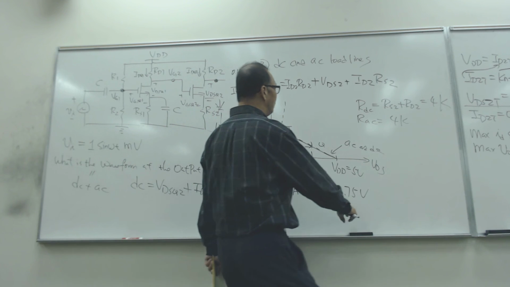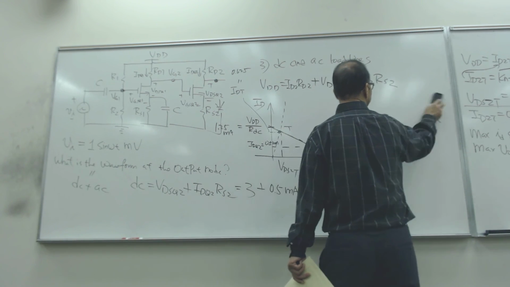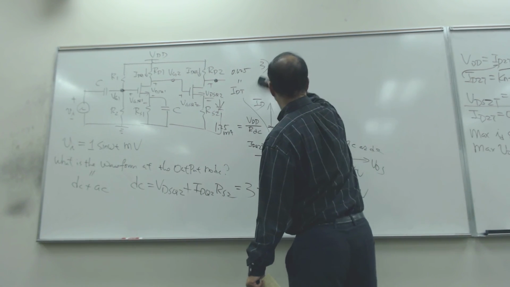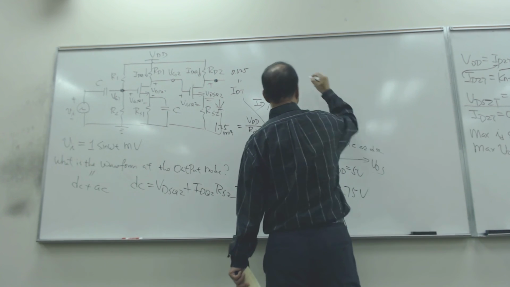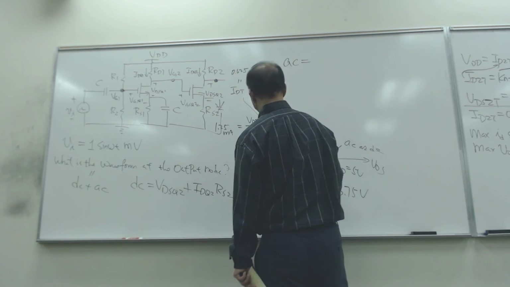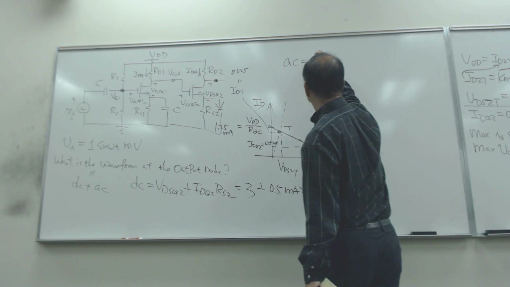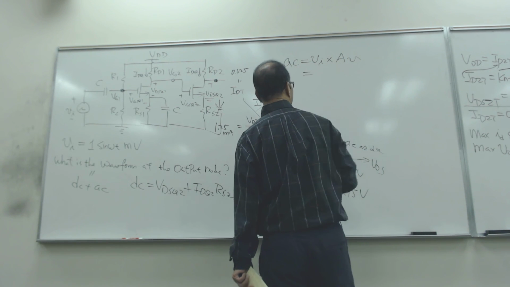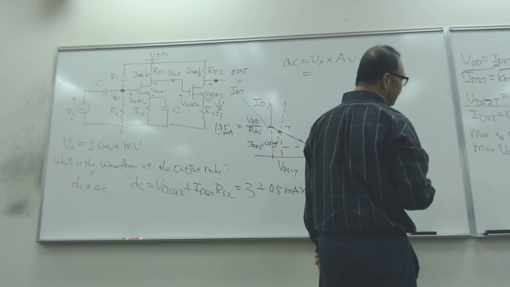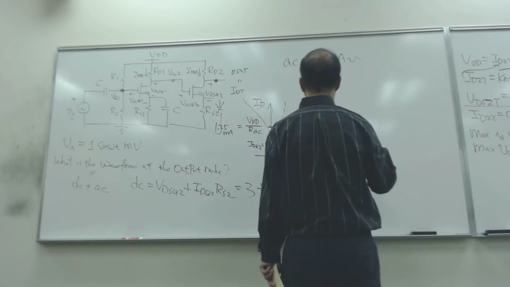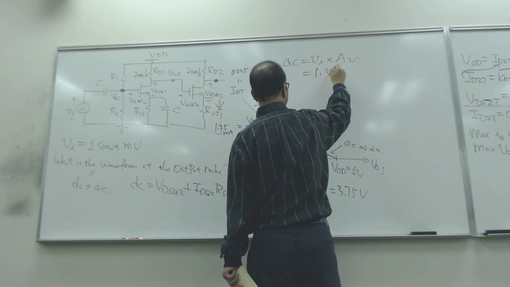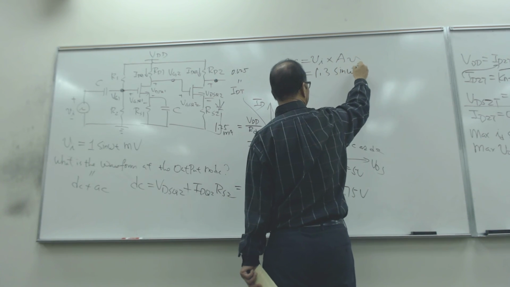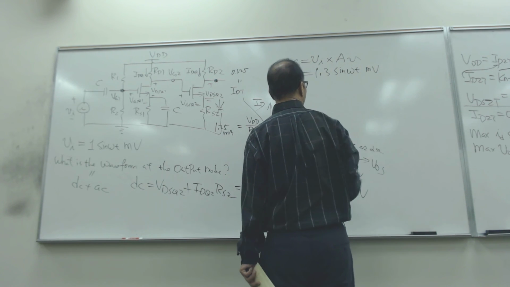Okay. What about the AC part? So the AC part at the output node is vi times A sub V, correct? And I remember A sub V was 1.3, so it's 1.3 sine omega t millivolts, right?